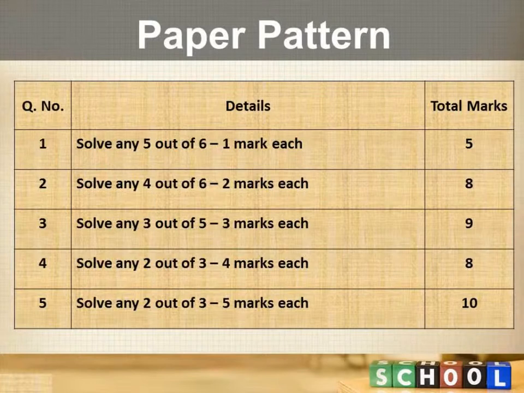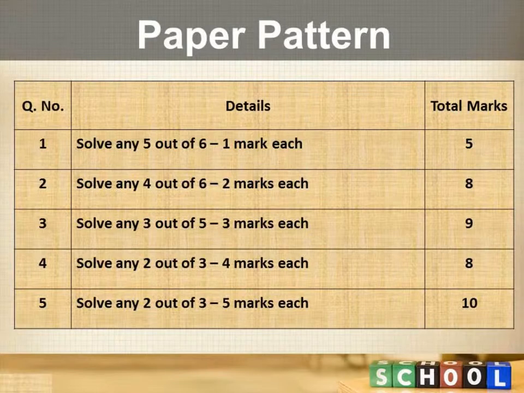Question 3 is 3 marks question. Without option, it is 9 marks, but with option, it is for 15 marks. Question 4 is 4 marks question, which is any 2 out of 3. So without option, it is for 8 marks, and with option, it is for 12 marks. Question 5, hot sums.